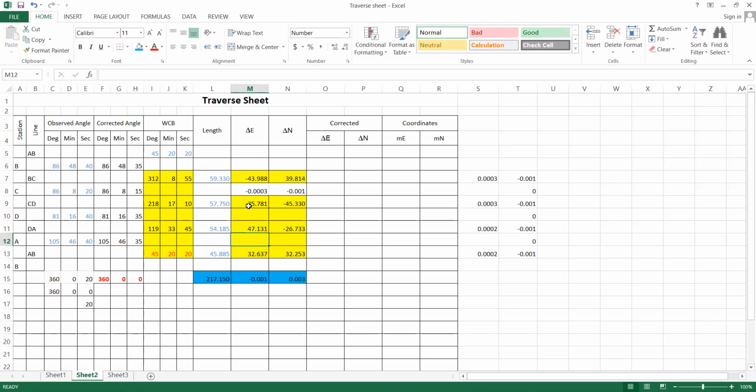I don't use a bracket here because I want to add them. And then you can put the corrected delta E, delta N, that is equal to the measured one plus the correction.